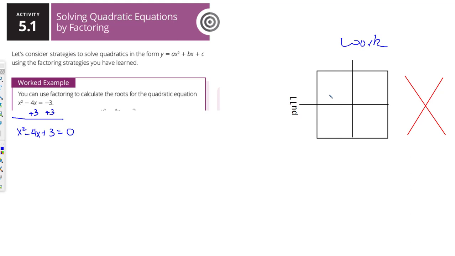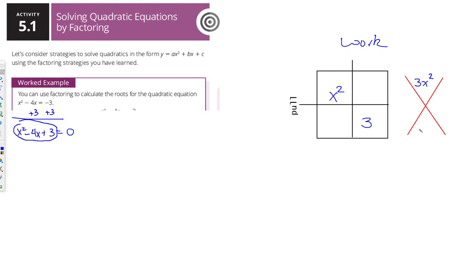What am I going to put in the top left-hand corner? Which of these goes in the top left-hand corner? X squared. What goes in the bottom right-hand corner? Positive 3. And remember, our two products have to match. So our product we're looking for is 3x squared.